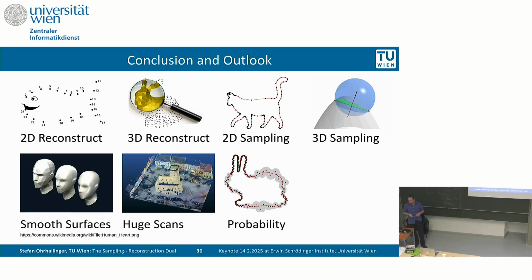And the next step is to go into 4 dimensions. If you imagine a pulsating heart, this has spatial-temporal data. This gives us many more challenges because we not only want to compress the 3D spatial data, but also the temporal dimension, with millions of points.